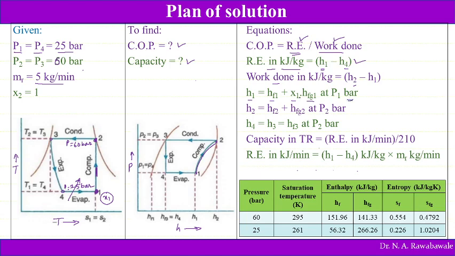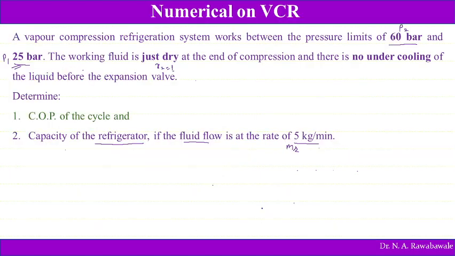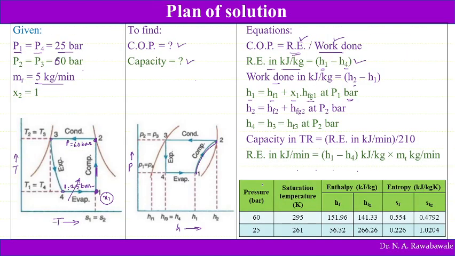These HF1 and HFG1 can be referred from the properties of the refrigerant. Sometimes the name of the refrigerant is given, but here it is not given, so the properties are given in the problem itself. Here at 60 bar all other properties are given.